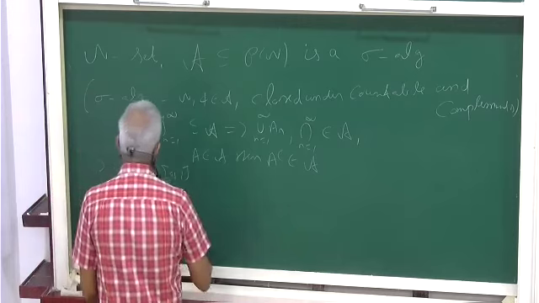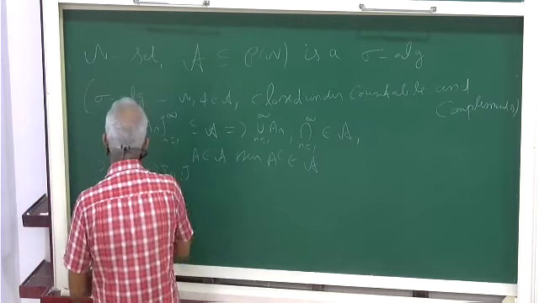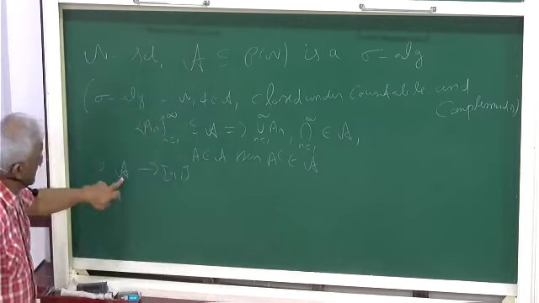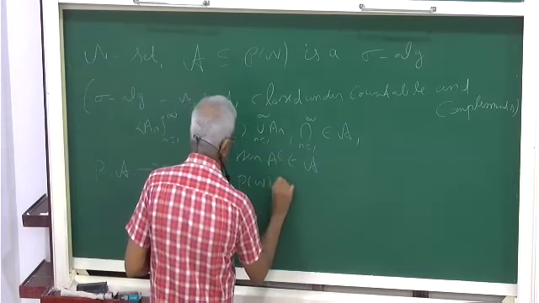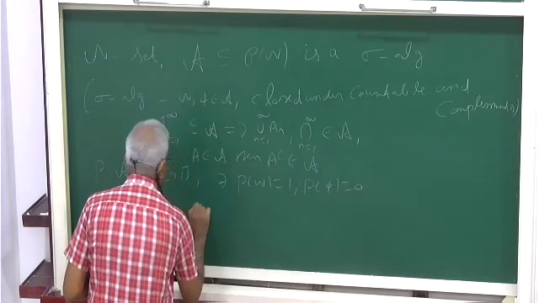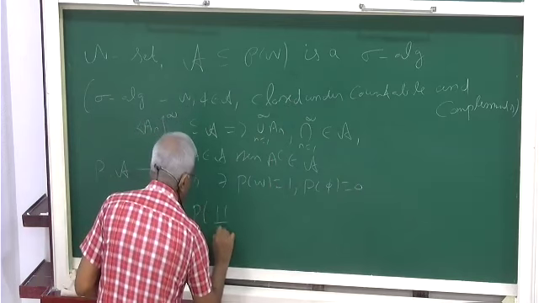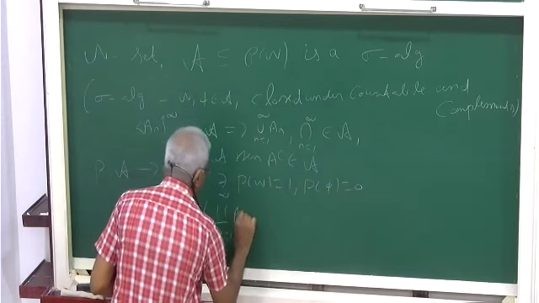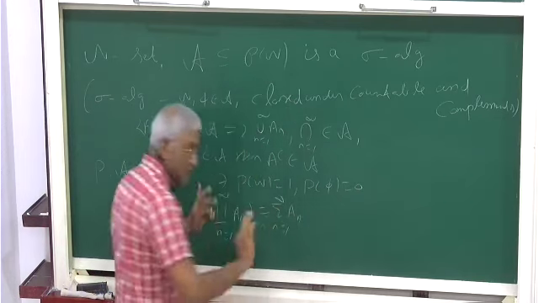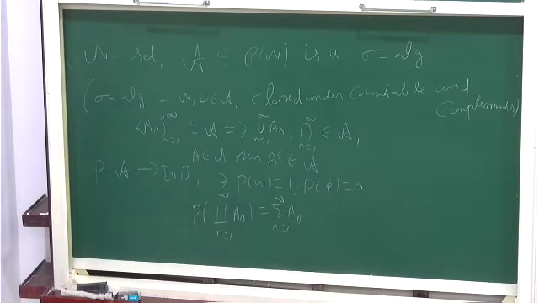So the probability measure is generally a function from script A, the sigma algebra, to [0, 1], satisfying these properties: P of omega equals 1, P of empty set is 0, and, as I have already introduced in notation, if we have a disjoint union, then P of the union is the summation of P of A_n. So this is what a probability measure is.